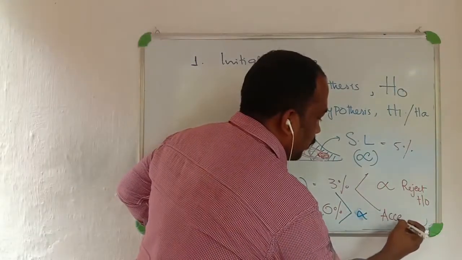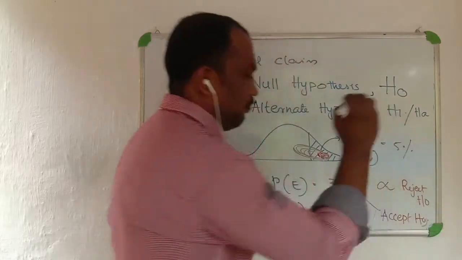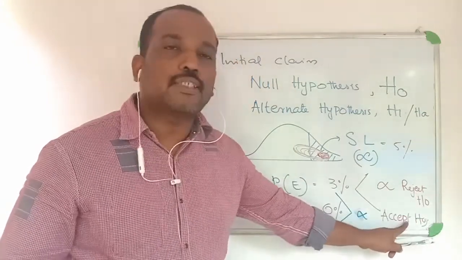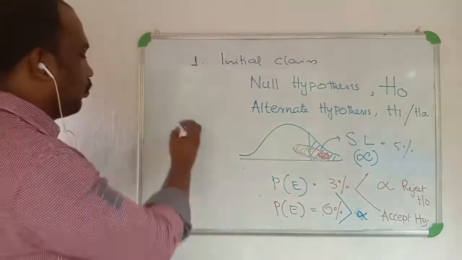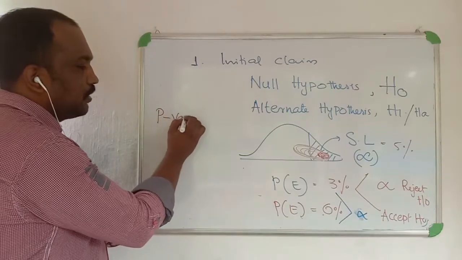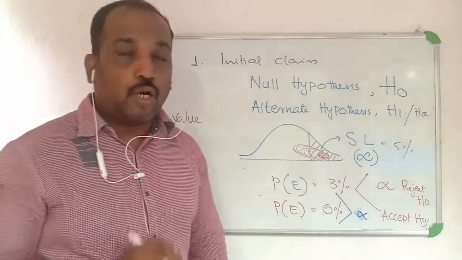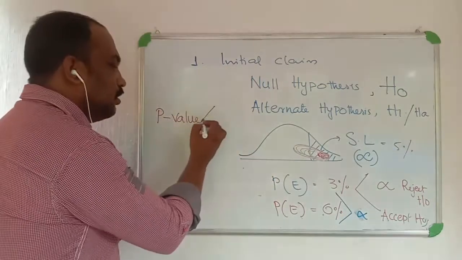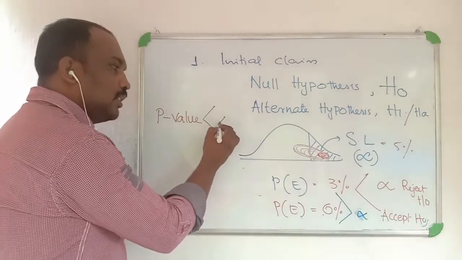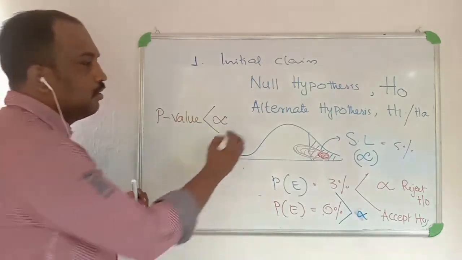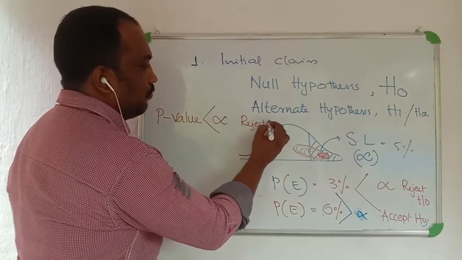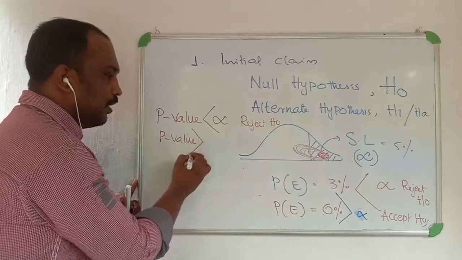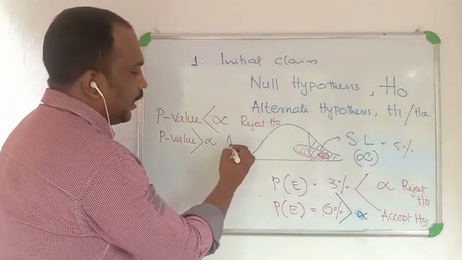We have to accept H0. So here you get an idea of when to reject H0 and when to accept H0. We reject H0 when the P value, the probability value, is smaller than the significance level. And if the P value is higher than the significance level, accept H0.